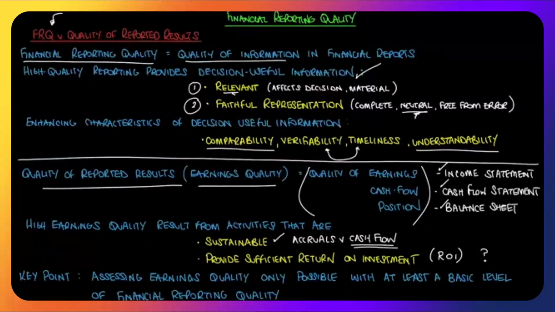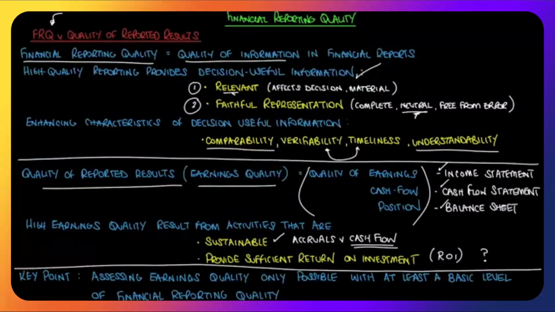The key point, why are we talking about all this? We've defined both. The key point is at the bottom here. Assessing earnings quality, making these decisions which are clearly key to whether, for example, you want to invest, is only possible with at least a basic level of financial reporting quality. If you don't have decision useful information, you cannot make a decision.